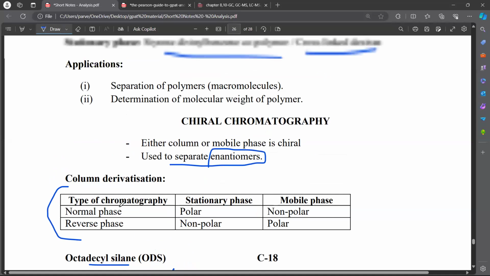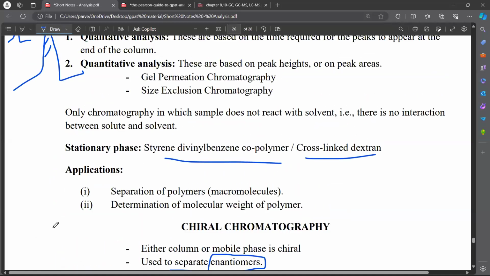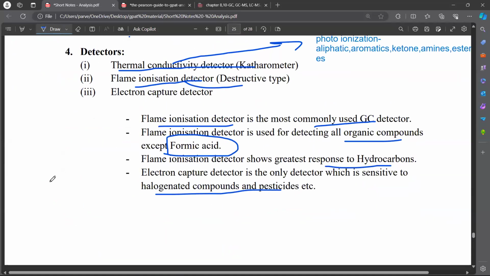Okay. So basically in gas chromatography, we have a column, we have a sample point, we have a detector. There are two types of temperature programming in gas chromatography. One is the isocratic, in which the sample point, the column, and the detector are maintained at the same temperature.